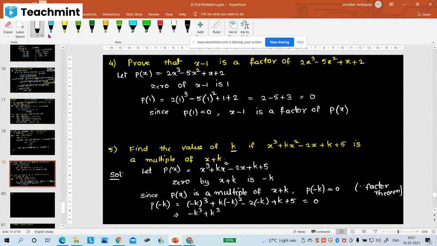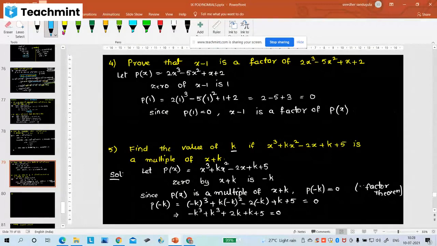First simplify the exponent to get the exponential value, then only multiply. Minus k whole square is k square, into k gives k cube. Now here you can multiply because k doesn't have an exponent. Minus into minus plus, 2 into k is 2k, plus another k, plus 5 equals 0.